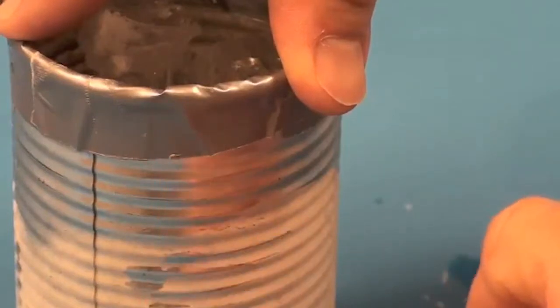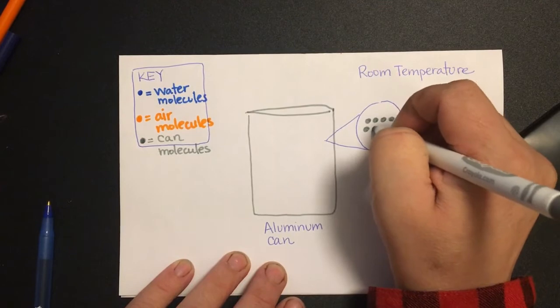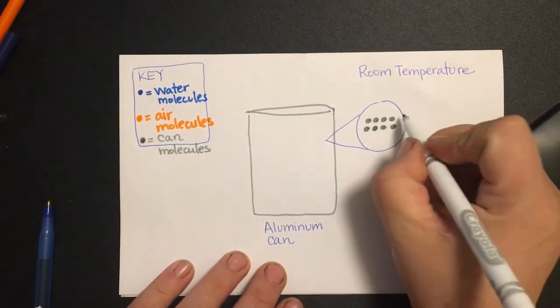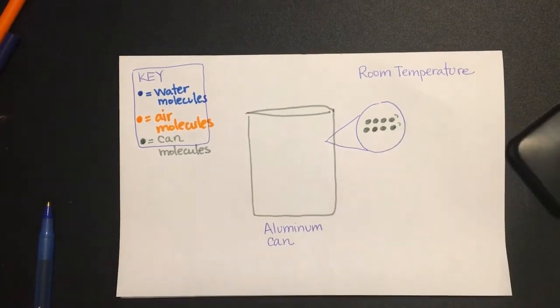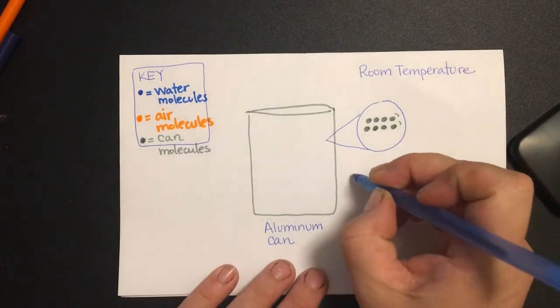To begin explaining, I drew out the molecules that would be found in the aluminum can if I had microscope eyes. The aluminum can is a solid, and so therefore, molecules would be close together and vibrating in place.